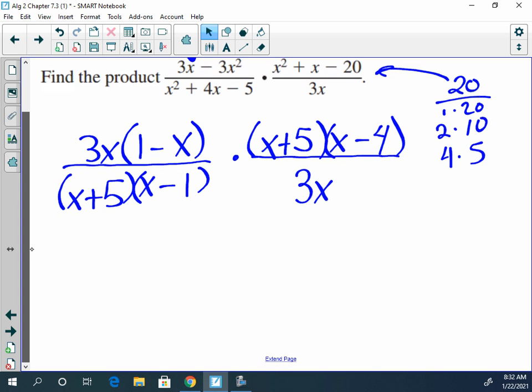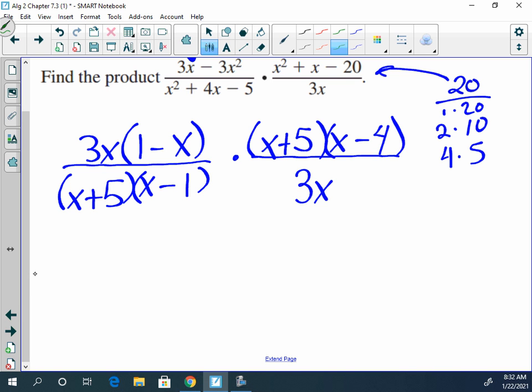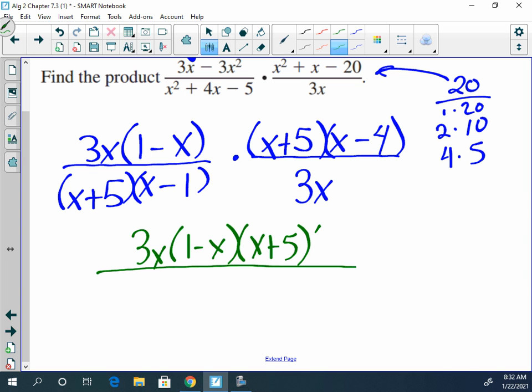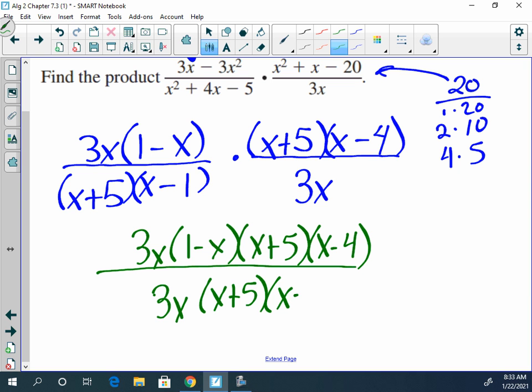So if I multiply these together, on top I'd have 3x times 1 minus x times x plus 5 times x minus 4 over, well, 3x times x plus 5 times x minus 1. Because again, we're just multiplying them together. And for us, really, when we have these sets of parentheses, well, we just rewrite them like this here.